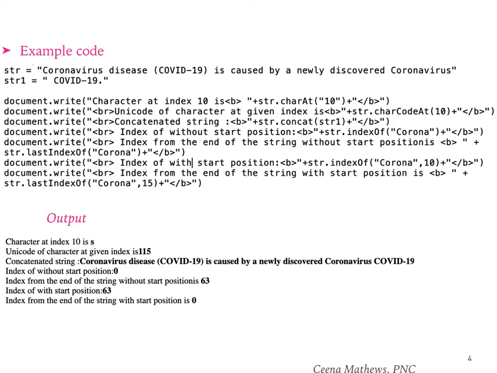Concat here concatenates str with str1. str1 is given in the brackets of the concat method. So str1 here is COVID-19, which will be concatenated with str. You can see in the third output, after "discovered coronavirus", it displays COVID-19 also.